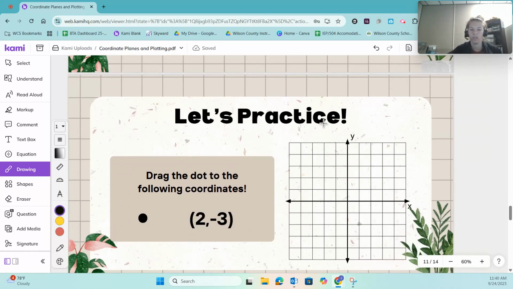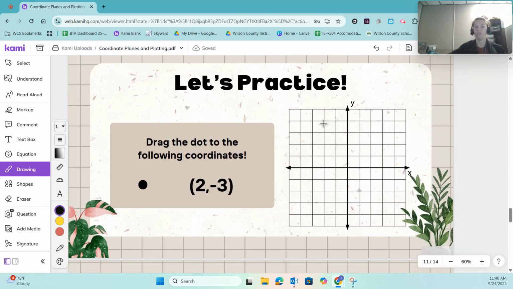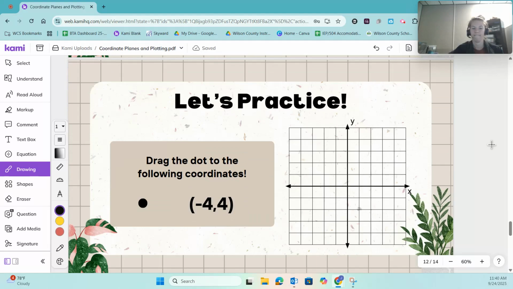You can try this one on your own for a second. All right, we have +2. Again, starting at (0, 0), we go +2 on my x, -3 on my y, and we end up right here, in quadrant 4, because we went positive on my x and negative on my y. Next is -4, +4.